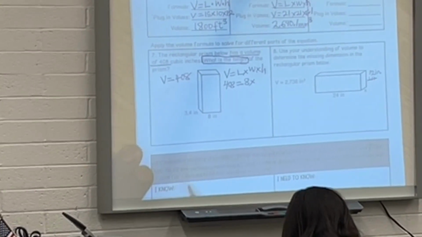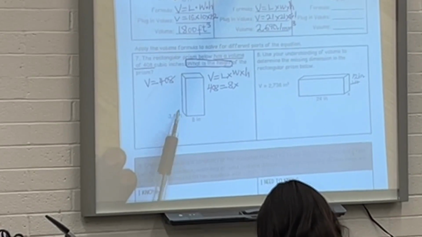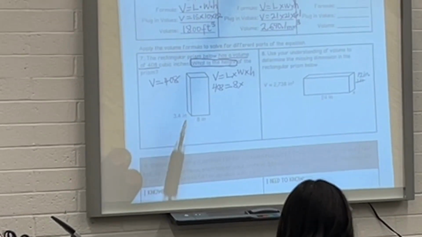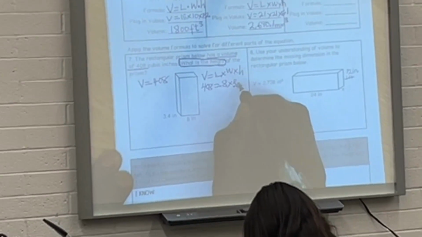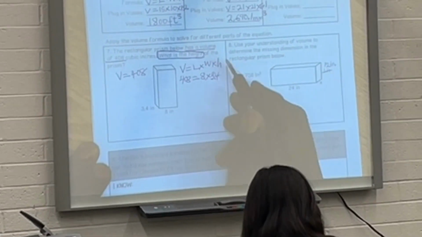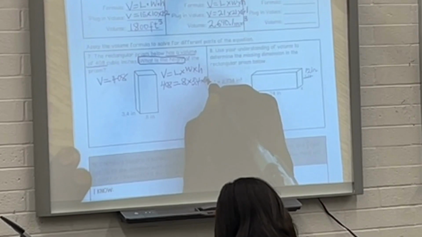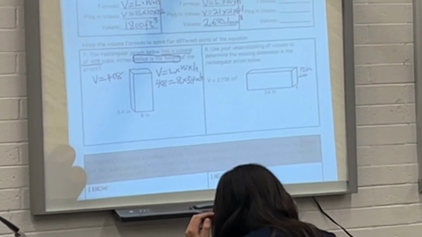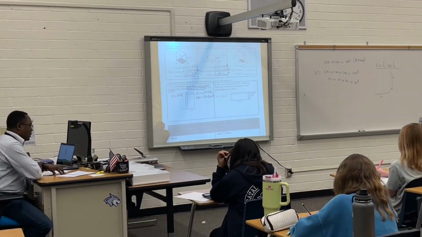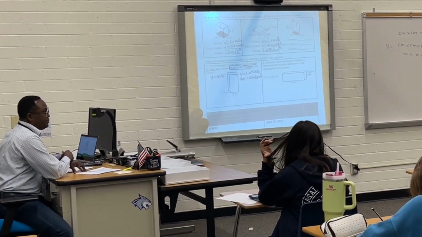Do you know the width? This is the width. What is the width? 3.4. Do you know the height? No. So you put the h here. The h is going to be the subject of the equation.